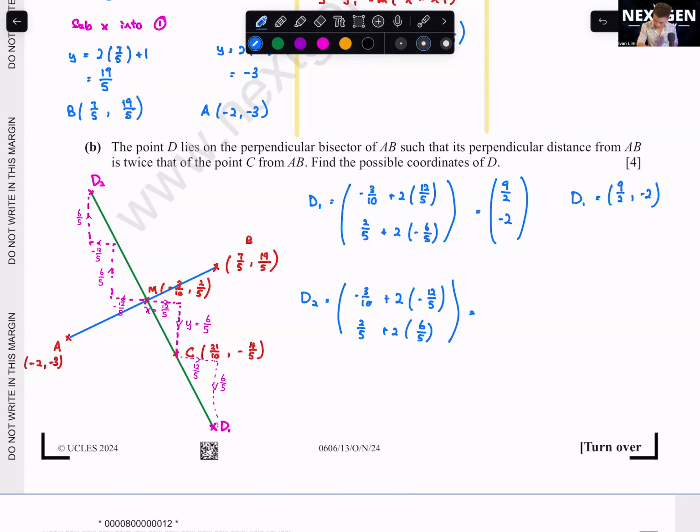Minus 3 over 10 plus 2 times minus 12 over 5, we get minus 51 over 10. 2 over 5 plus 2 times 6 over 5 will be 14 over 5. So the second answer will be minus 51 over 10, 14 over 5. You want to write it in decimal place also, it's fine.